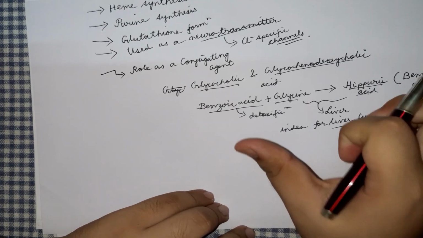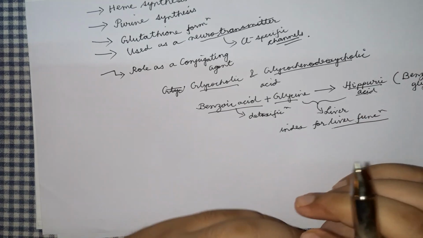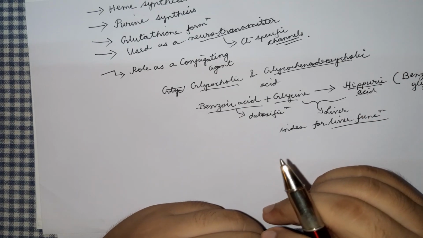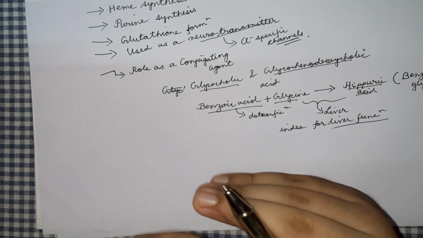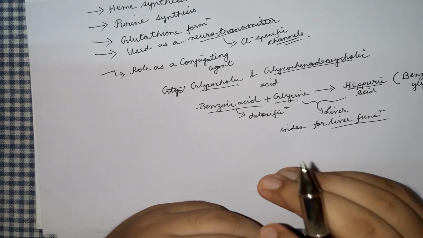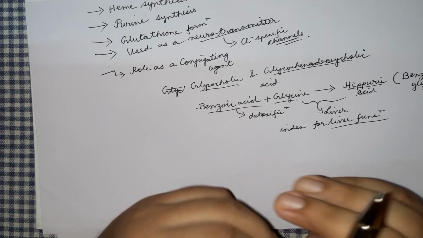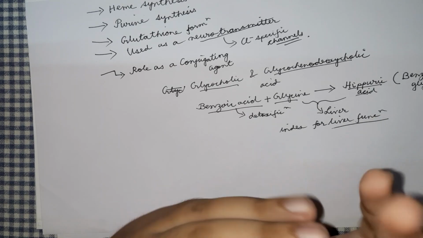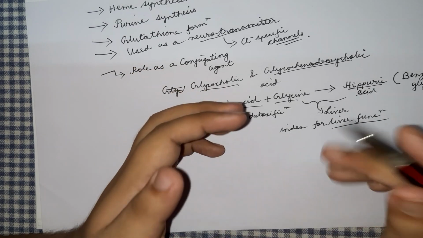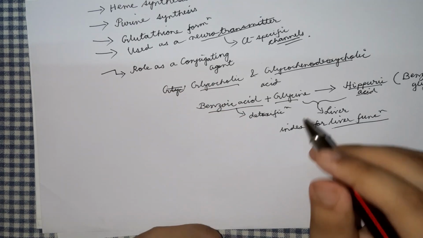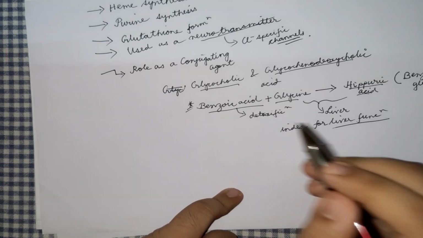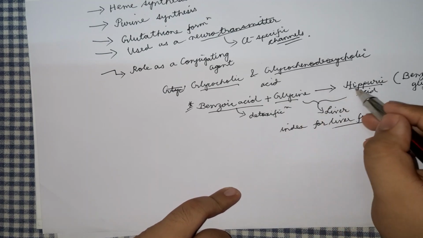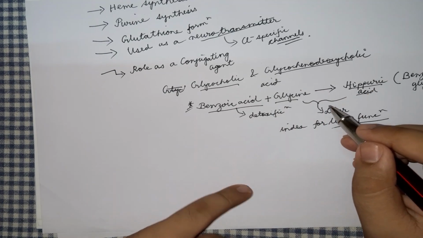Because this conjugation reaction is happening in the liver, the different levels of these acids will give us an index as to whether the liver is functioning properly. That is the liver function test. That is why it has a clinical correlation, and hence I feel like this is important. Benzoic acid plus glycine, this conjugation gives hippuric acid. Right?